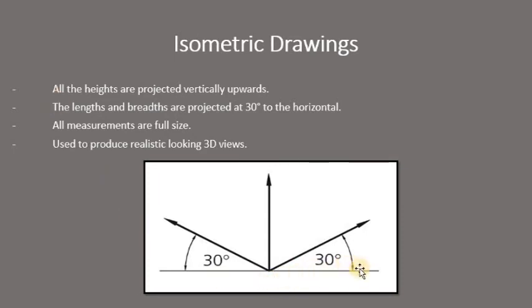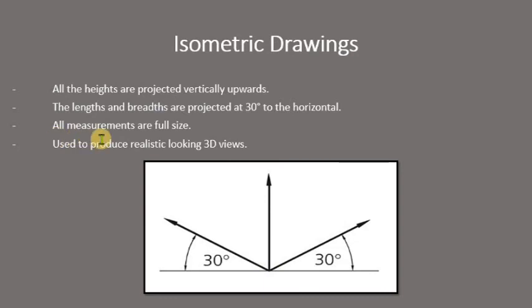This means when you draw an isometric drawing, you always start, you elevate your drawing 30 degrees and 30 degrees before you start to draw it. That is the rule that gives it a three-dimensional shape.